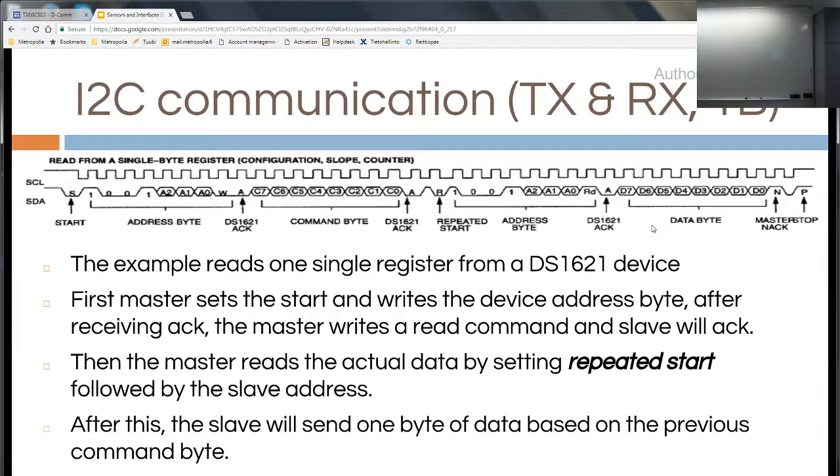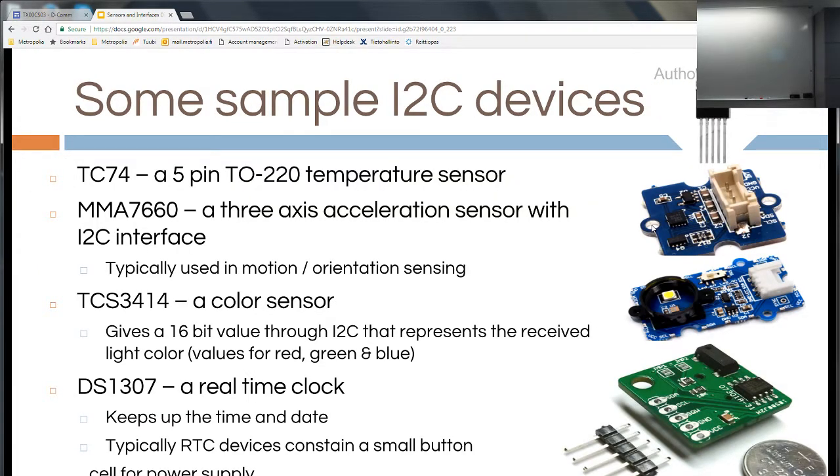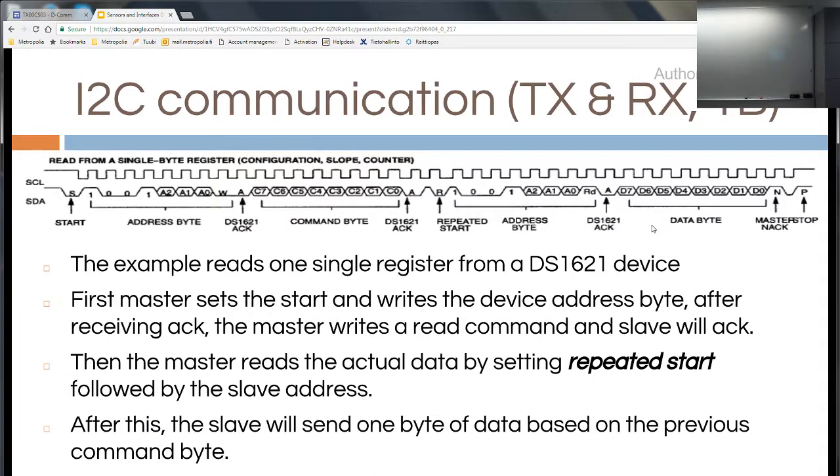That speeds up the transmission a little bit, not much though. At the end of the transmission, it can stop. The end can be marked as either a not acknowledgement or an end. But this device requires that in case of reading only 1 data byte, you give the NACK signal.